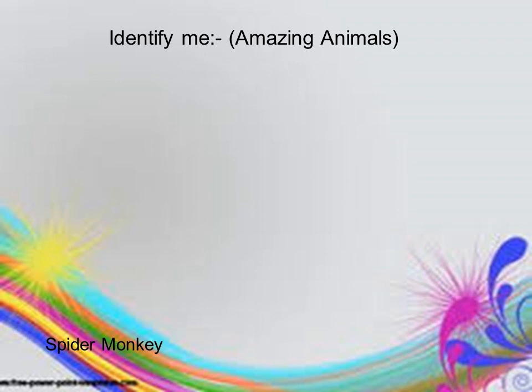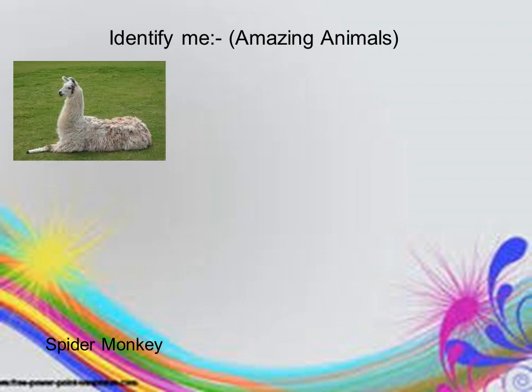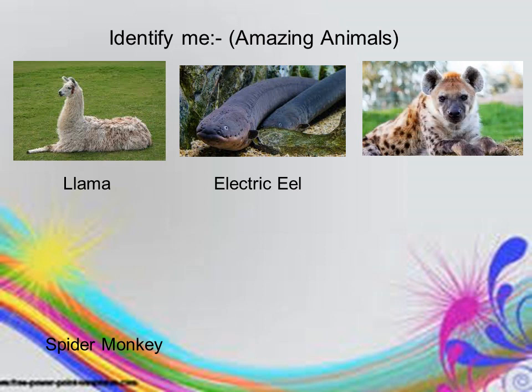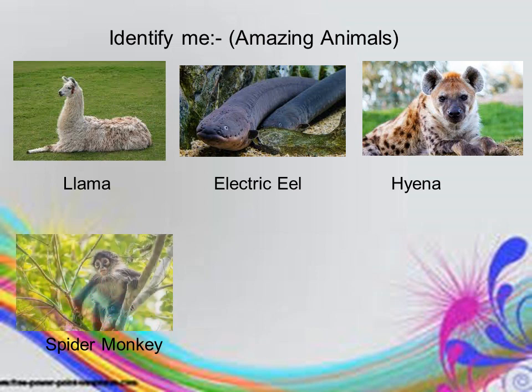Identify me. Amazing animals. Students, which is this animal? I know you all might be knowing it. Yes, it's a llama. Now this one, electric eel. Next picture, yes. Tell me, yes, it's hyena.